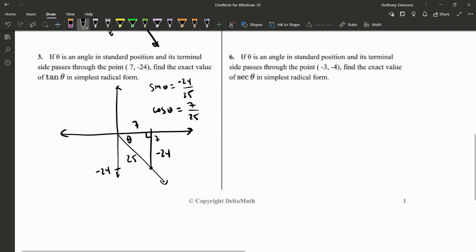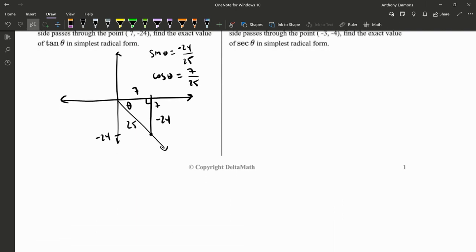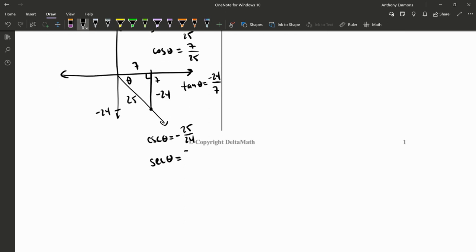They're asking for a tangent, so I could figure out the tangent of theta: opposite -24 over adjacent 7. And then all the reciprocals: the reciprocal of sine, cosecant, would be -25 over 24. Secant is the reciprocal of cosine, 25 over 7, and then cotangent theta, 7 over 24.